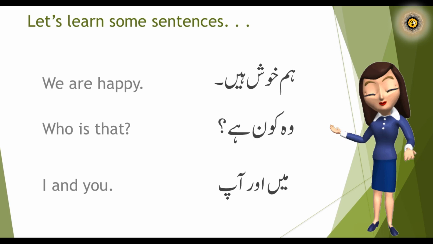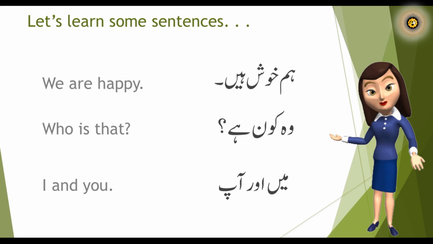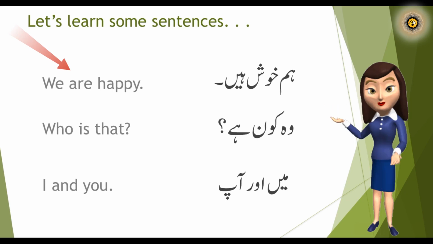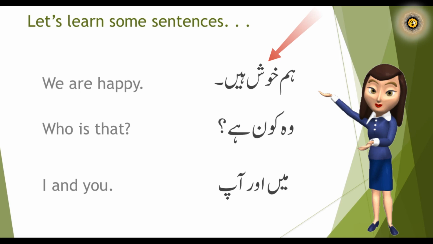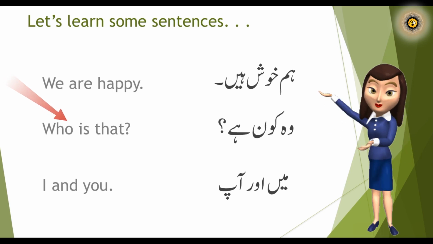Now let's repeat these sentences one more time, okay? In English we say, we are happy. And in Urdu, हम खुश हैं. Then in English we ask and say, who is that?